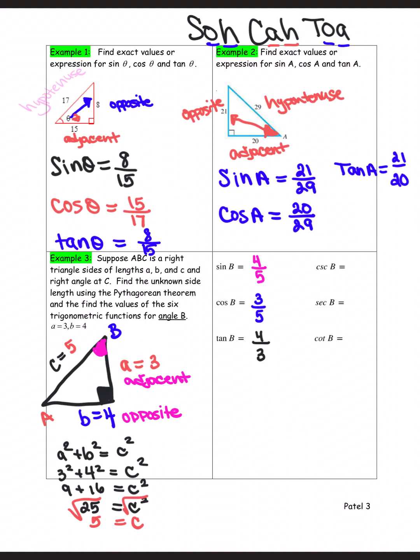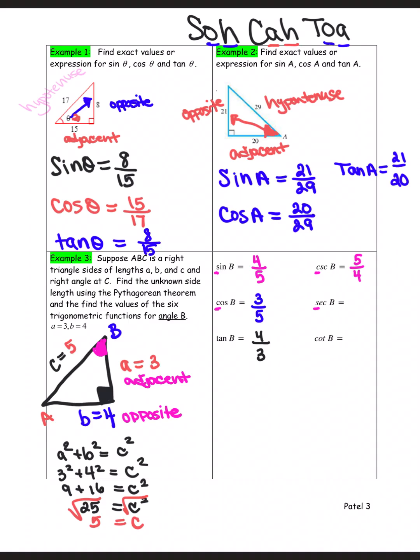So one way to remember the reciprocals of sine, cosine, and tangent is, you can think of S and C always go together, and C and S always go together. So that way you can remember that it has to be opposite letters. So sine of B is 4/5, so cosecant of B is a reciprocal of that, so just flip it, so it's 5/4.